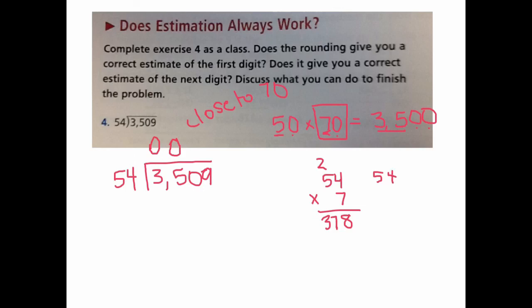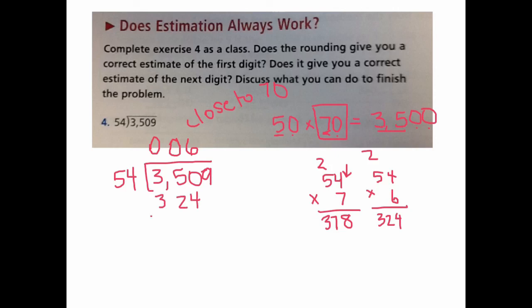I'm going to go down a little bit. So let's try 54 times 6. 6 times 4 is 24. 6 times 5 is 30, plus 2 is 32, so 324. Okay, so that's going to be the closest I can get without going over, because I saw times 7 does put me over our mark. So 54 times 6 equals 324.